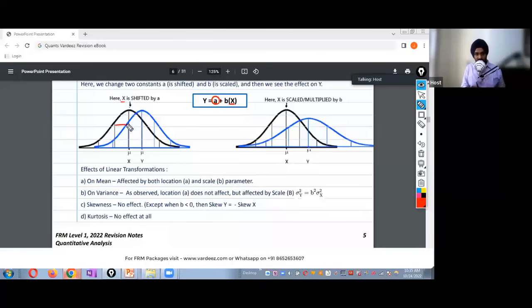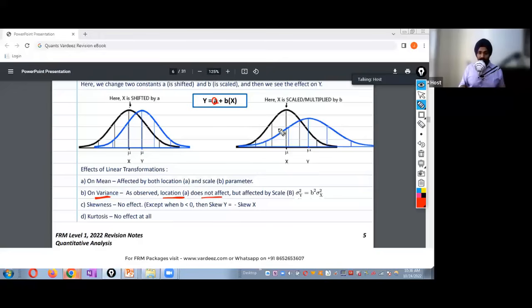The blue one has shifted, but the variance is the same, right? If you see this and this, the variance is pretty much the same. So we said that A does not affect the variance. The location does not affect the variance.